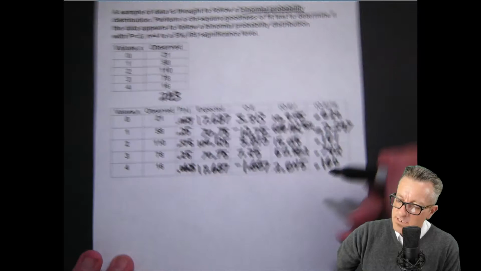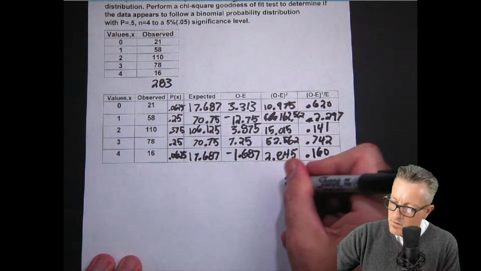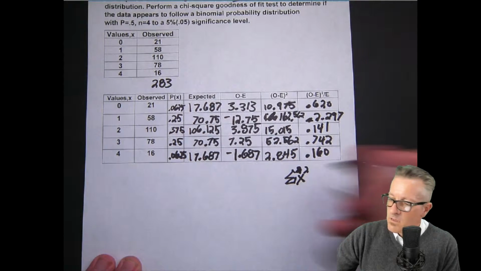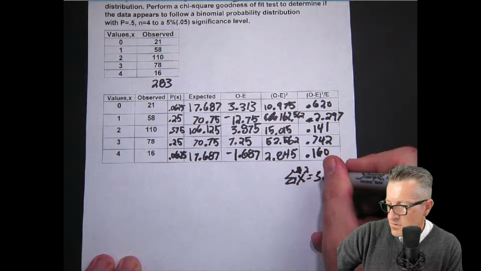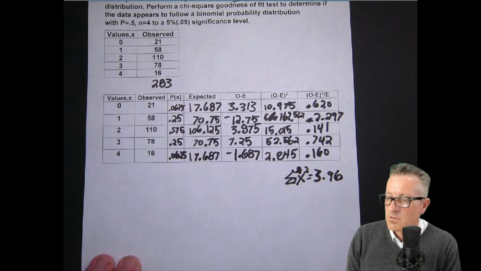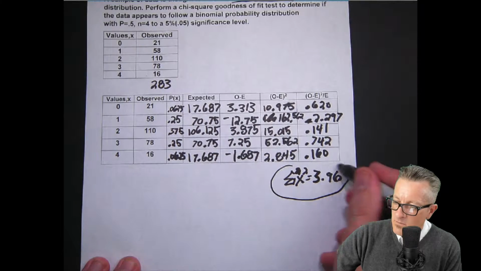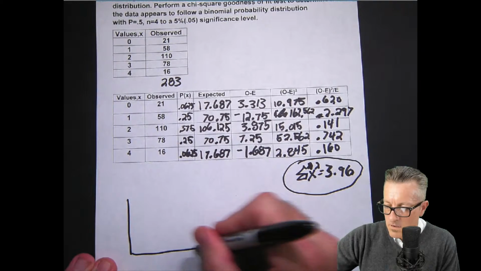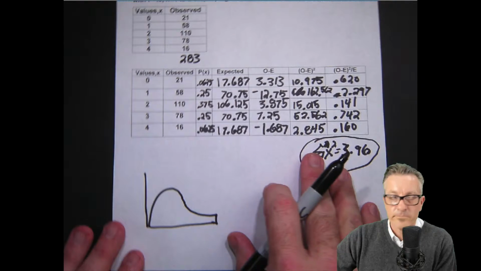And then when we add all these up, this gives us our calculated statistic, and we end up with 3.96. So that's our calculated statistic, which we're going to use to compare to our critical value. This is my artwork here.